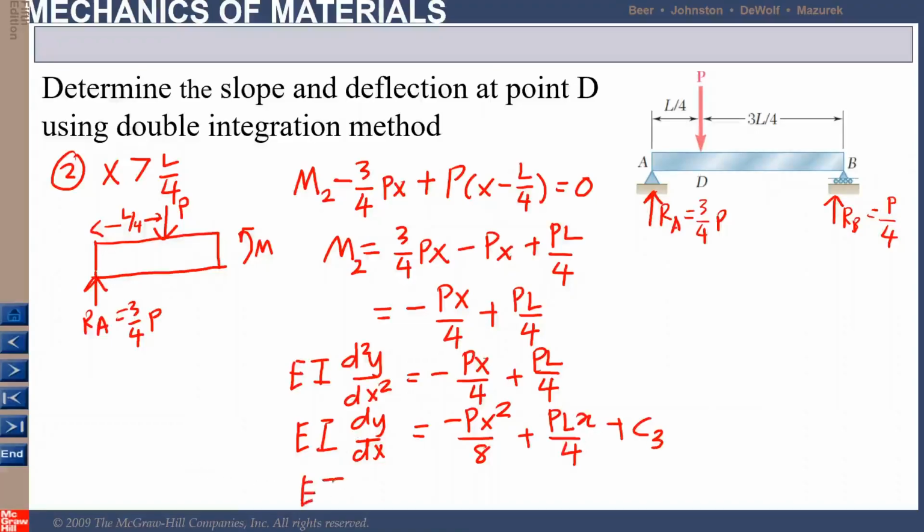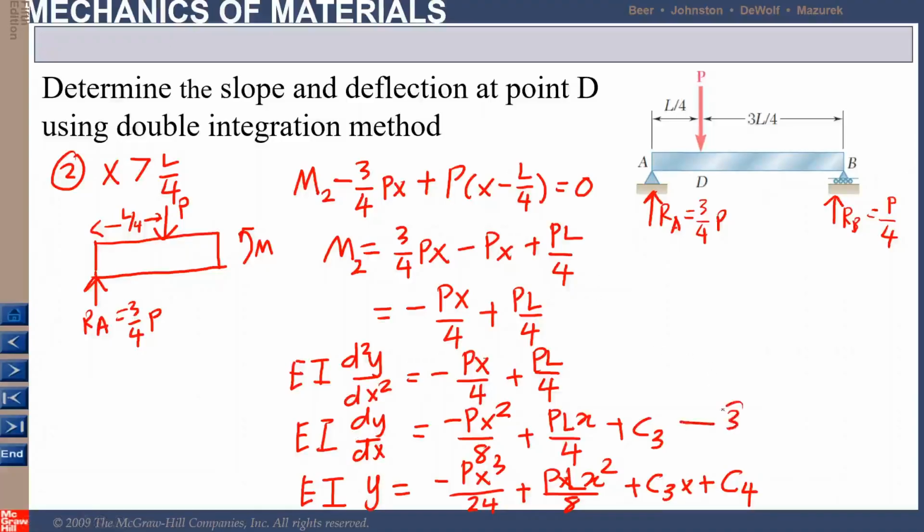And then EIy is equal to minus Px³ over 24 plus PLx² over 8 plus c3x plus c4. We can denote this as the third equation, and this is the fourth equation.